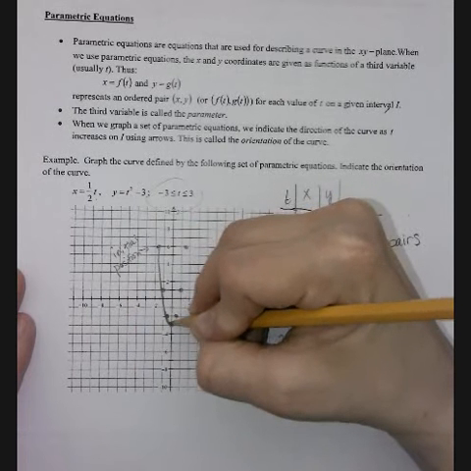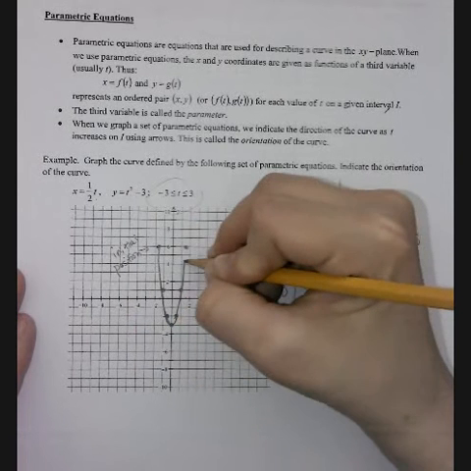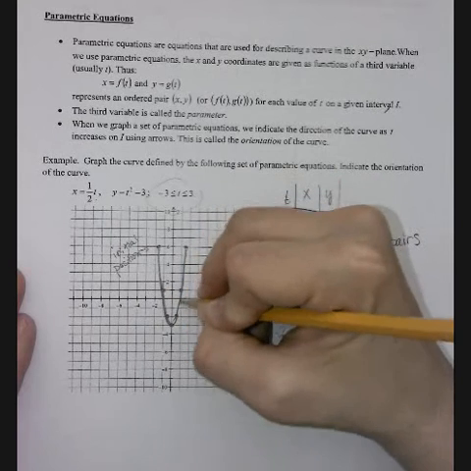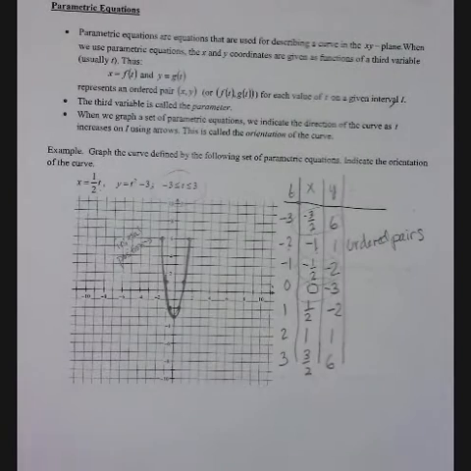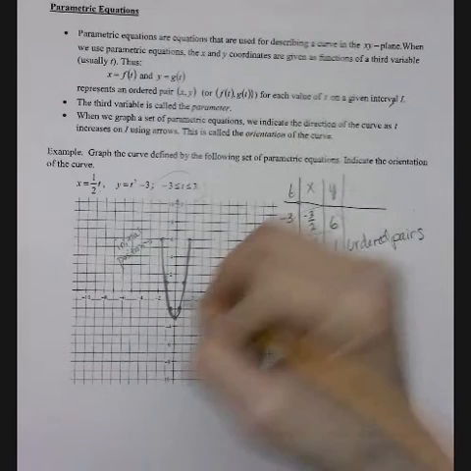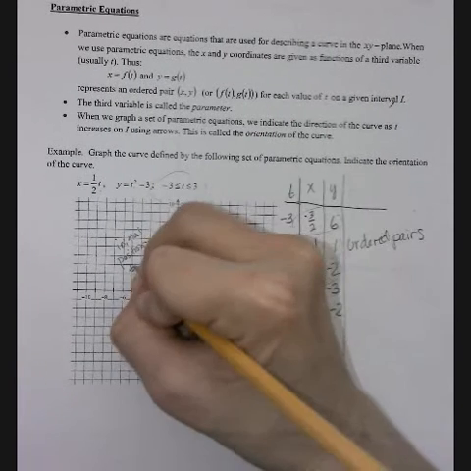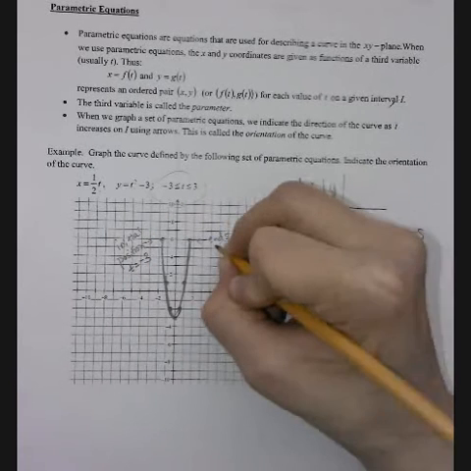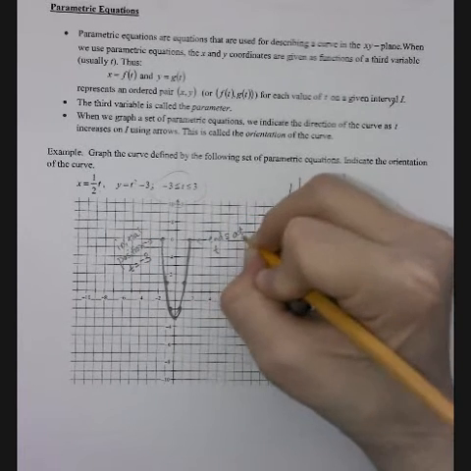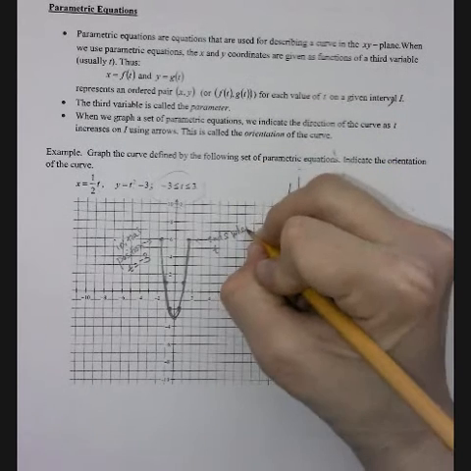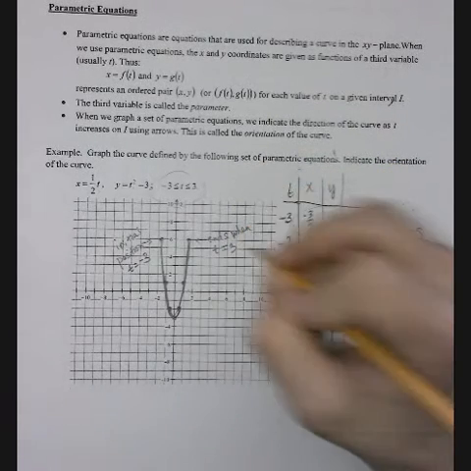You can see this is a part of a parabola, with the symmetry. At least it looks like a parabola. And then this would be where it ends. So this is for t equals -3, and this is for t equals positive 3.